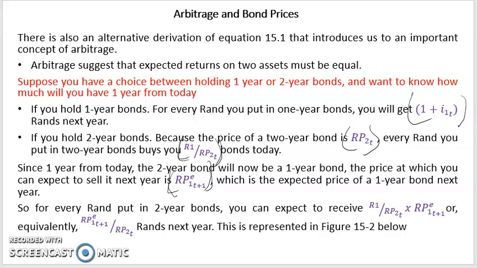So for every Rand you put into your bond, you can expect to receive 1 divided by the 2-year price of the bond times the expected price of the bond next year, or equivalently just the ratio between the expected price of the bond next year and the 2-year price of the bond.